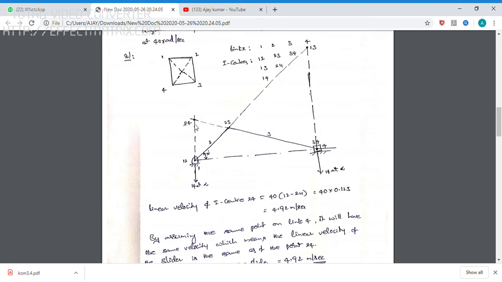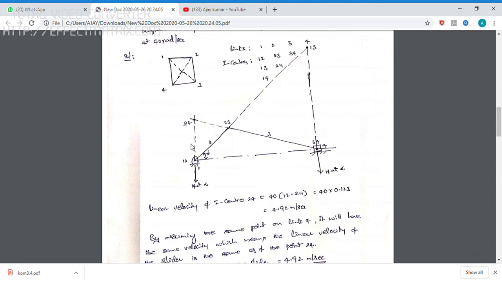Sir, how do you write this relation? You may get a doubt. We know that based on the relative velocity principle, V is equal to angular velocity into link length. In the previous concept I also explained, we know the angular velocity of the second link, that is 40 radian per second.